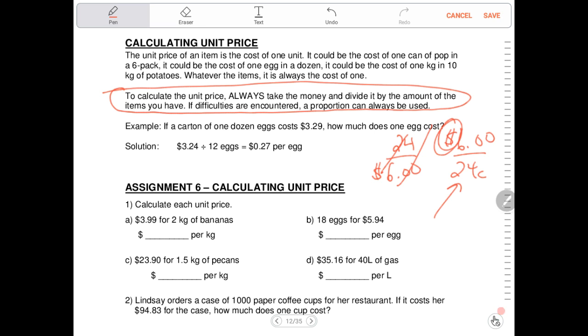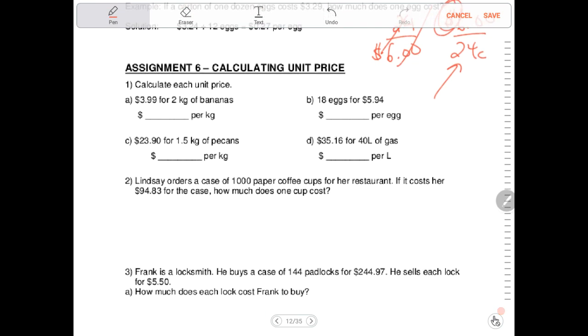There's quite a bit of practice here, and I really recommend that you work through these, work closely with your teacher, and have that person check your work. But please show your work. Please use cross multiply and divide. I'll even get you started with number 2. Lindsay orders a case of 1,000 paper coffee cups for her restaurant. It's $94.83 for the case. How much does 1 cup cost?